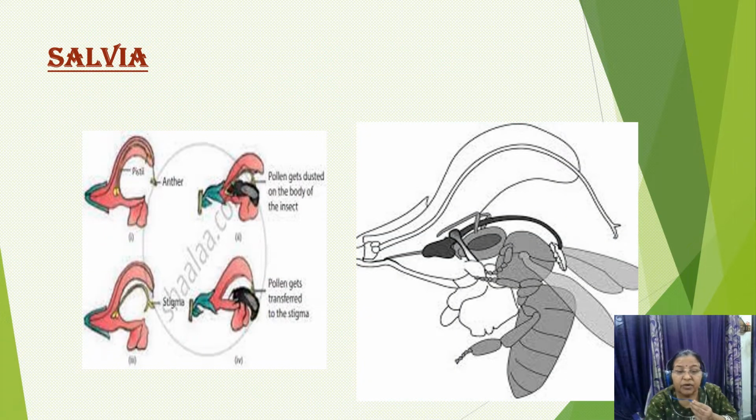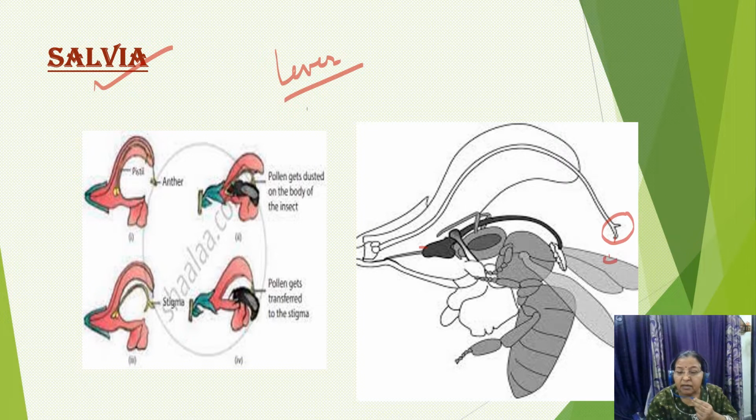Next, a very important example of flower pollinated by insects is salvia. Here you can see a lever mechanism. Lever mechanism means you can see the insect proboscis entering here to the nectaries, and here the pollen will be deposited on the wings of this insect, and this pollen when it will visit another flower, it will carry the pollen from here.